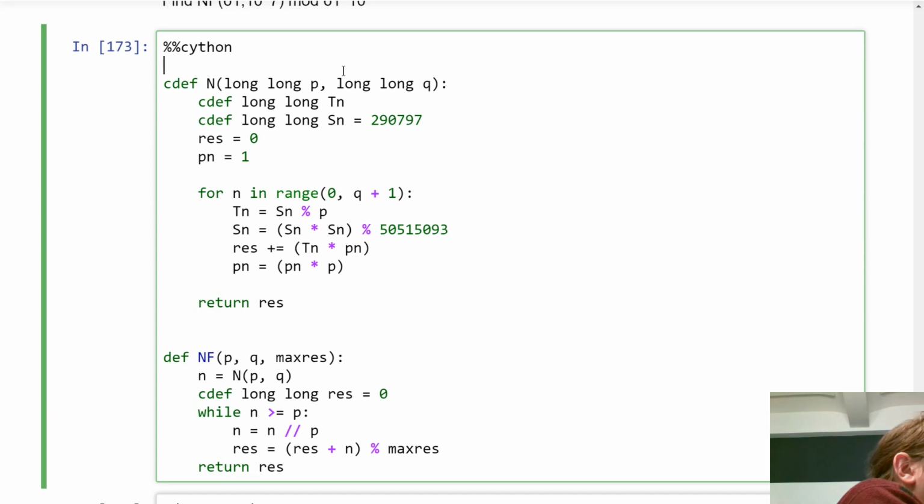So if we take any big number, for example 61 to the power of 10, we start with res initialized as 10 and we continue.